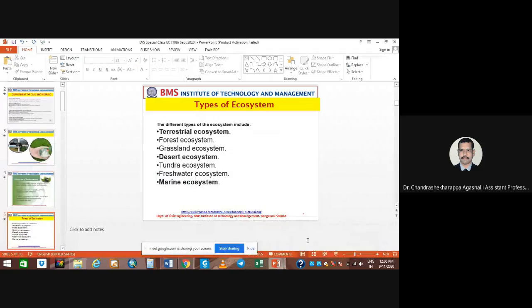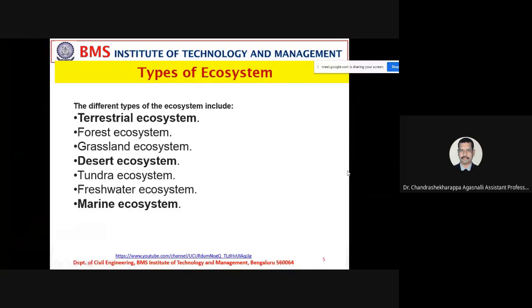And so there are ecosystems. You might have heard of ecosystems. In nature, there are different types of ecosystems: terrestrial ecosystems, forest ecosystems, grassland, desert ecosystems, tundra ecosystems, freshwater ecosystems, marine ecosystems.